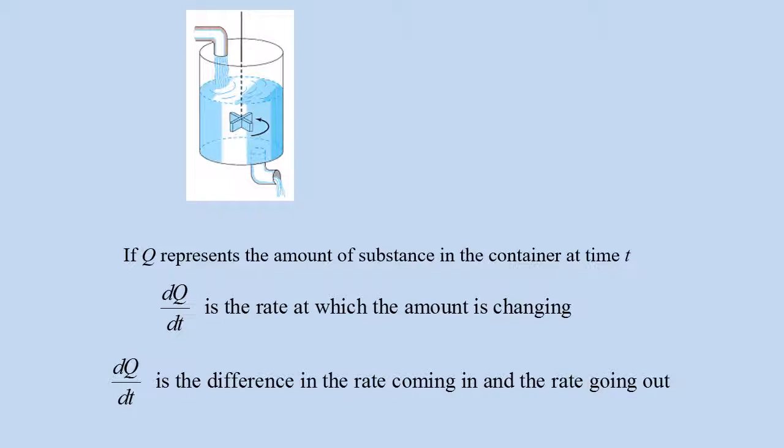And we're going to use the fact that there's stuff coming in and there's stuff going out. And so dQ/dt to begin with is going to simply be the difference in the stuff coming in and the stuff going out.